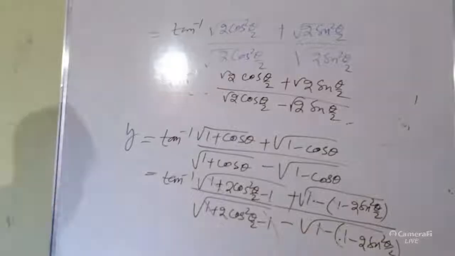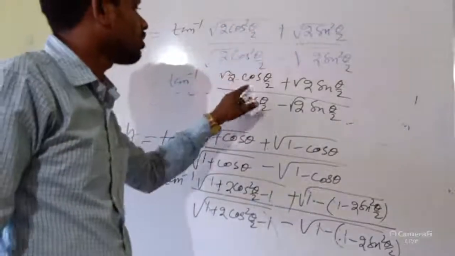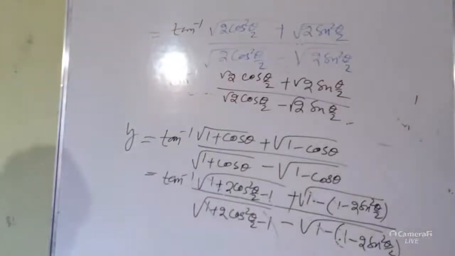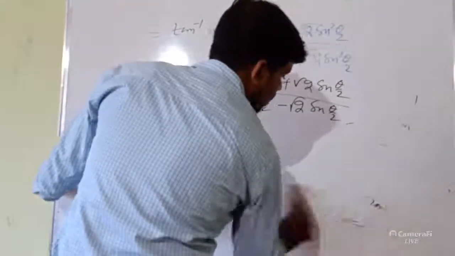Okay, any doubt? Here root over of cos square theta by 2 equals cos theta by 2. Similarly, root over of sin square theta by 2 equals sin theta by 2. Then here we take root 2 as common.